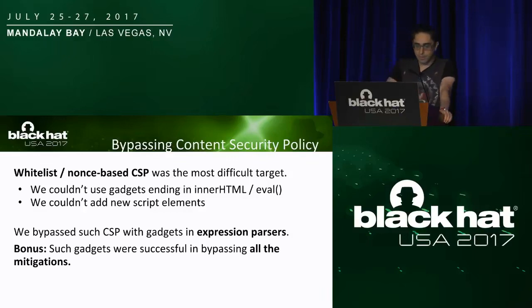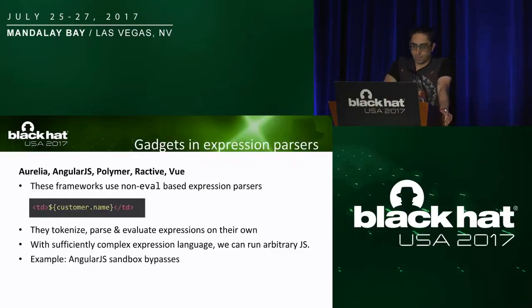Fortunately, we were able to bypass such CSPs with gadgets in expression parsers. And as a bonus, it turned out that the very same vectors also work for all the other mitigations, so we won't complain. What do I mean by expression parsers? There are several JavaScript frameworks that have templating libraries or components inside of them, and they have a certain custom language for expressions that can be embedded into the HTML.